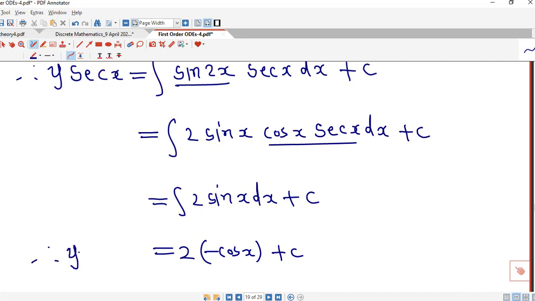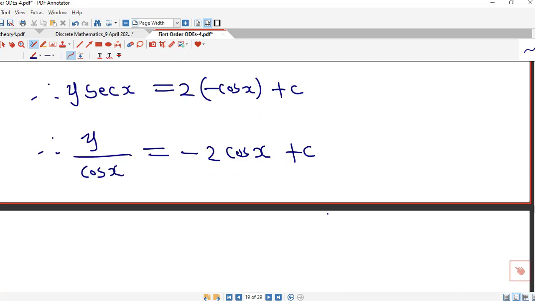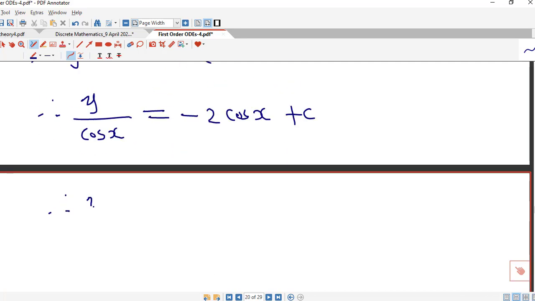Therefore y into sec x equals 2 into minus cos x plus c. This again we can rewrite as y over cos x equal to minus 2 cos x plus c, and taking cos x to the right hand side, we rewrite this as y equal to (minus 2 cos x plus c) into cos x.